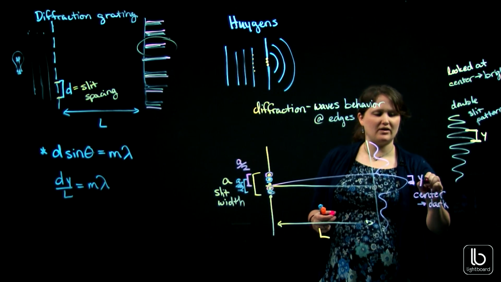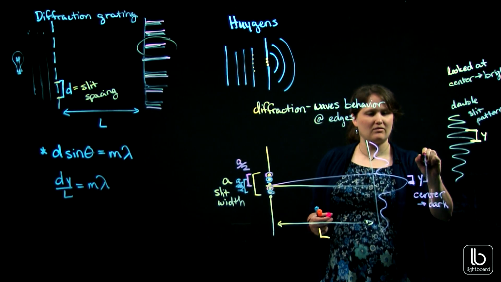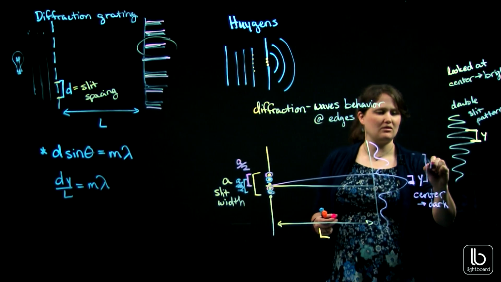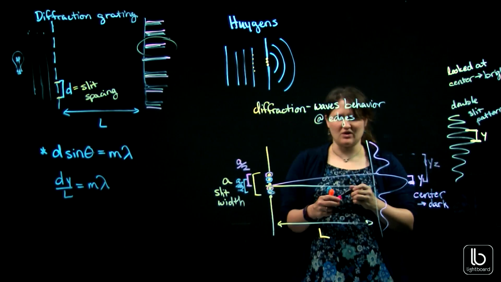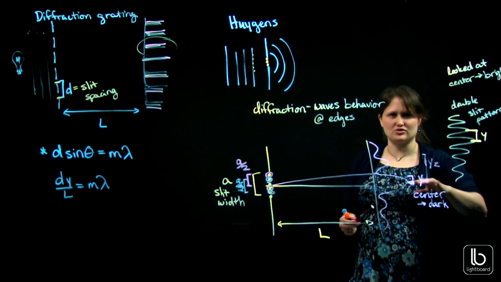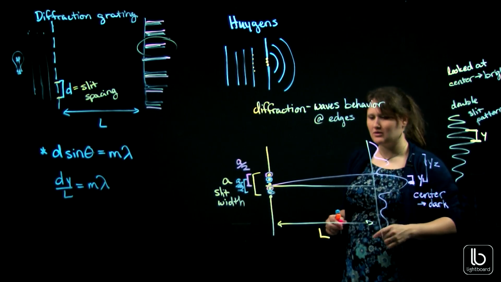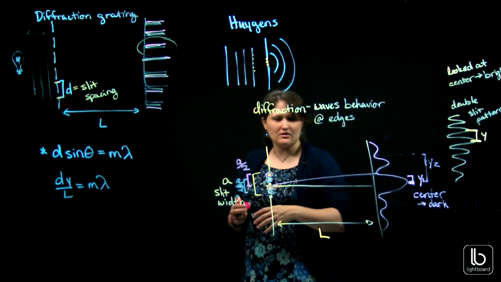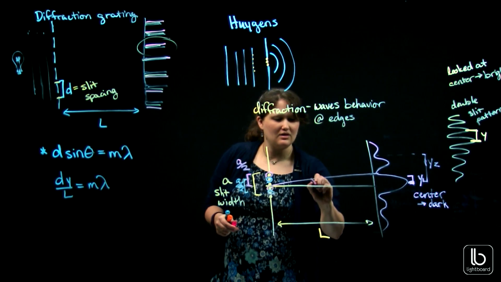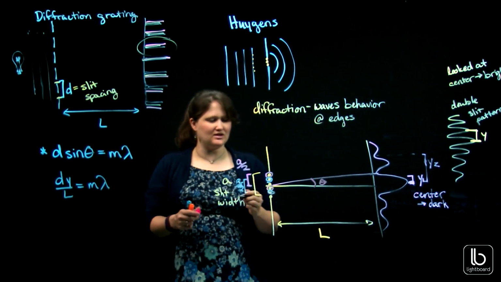So this is Y1. This would be Y2, where these are just counters. If you want to use M here, M is just a counter. So this is the angle I'm interested in.